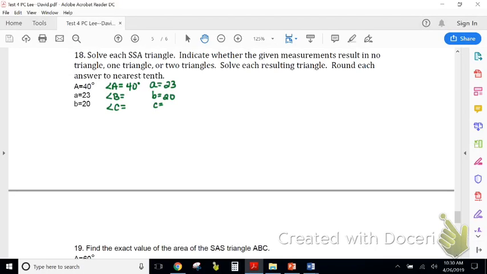Now remember, if we find that this has a second triangle, we would totally recopy everything we have written down now for the second triangle before we put in the angle that we're going to find. All right, so what would I do here?